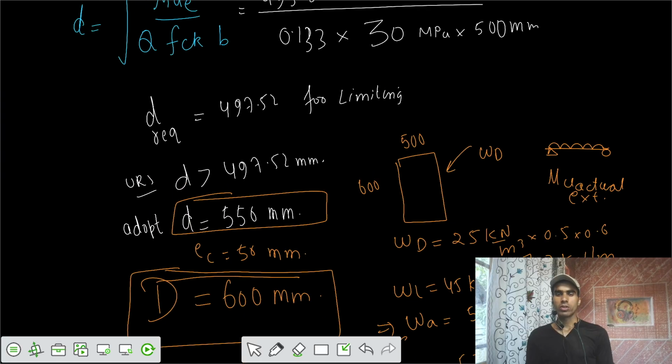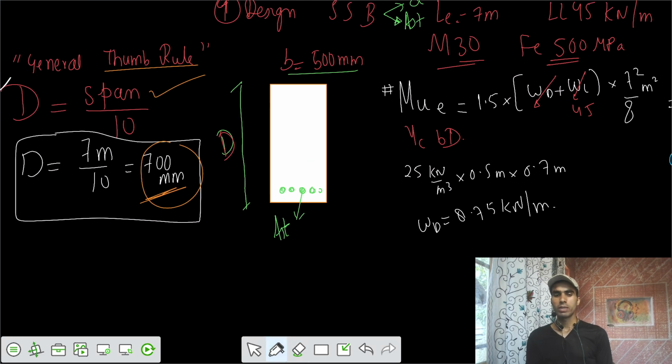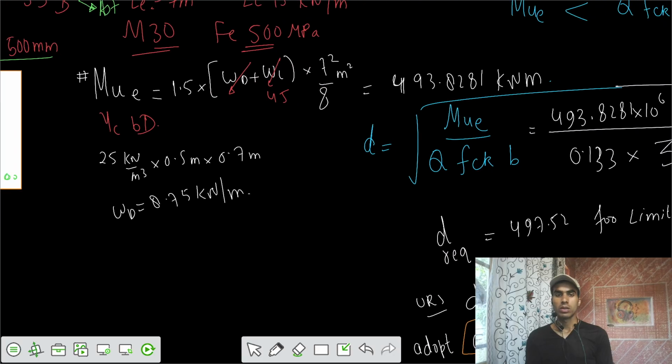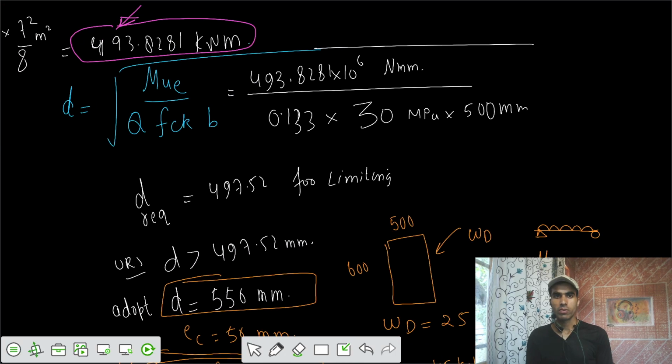Initially we don't know the value of capital D. We assumed the value of D to be 700, and corresponding to that we calculated the dead load, and from that we calculated the overall external bending moment. We said that the external bending moment should be lesser than my limiting condition, so once I got the value of D, I should increase the D by some amount such that it becomes an under reinforced section.